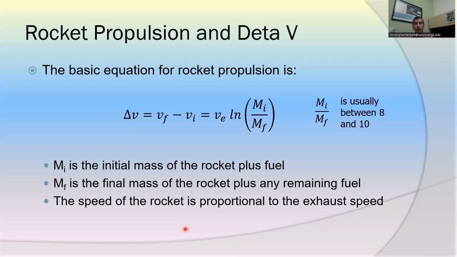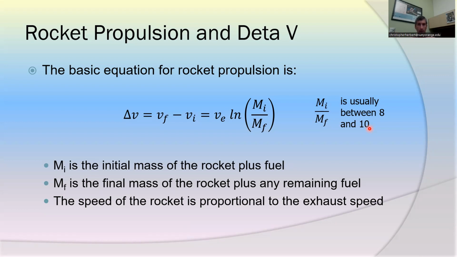Now, this basic equation for rocket propulsion, again, with delta V being a more abstract idea than just change in velocity. When we look at most rockets, mi divided by mf is usually between 8 and 10. What that means is, again, the rocket is going to have about 80 to 90% of its mass in fuel.